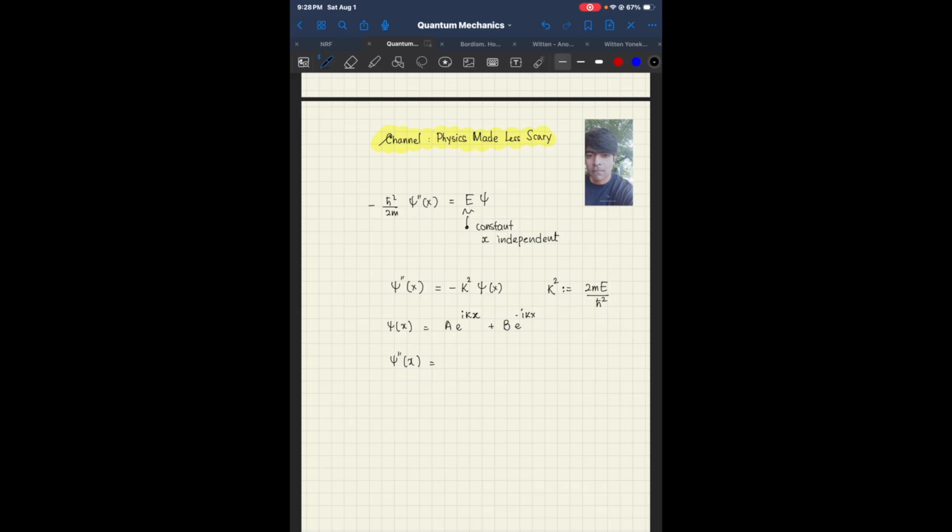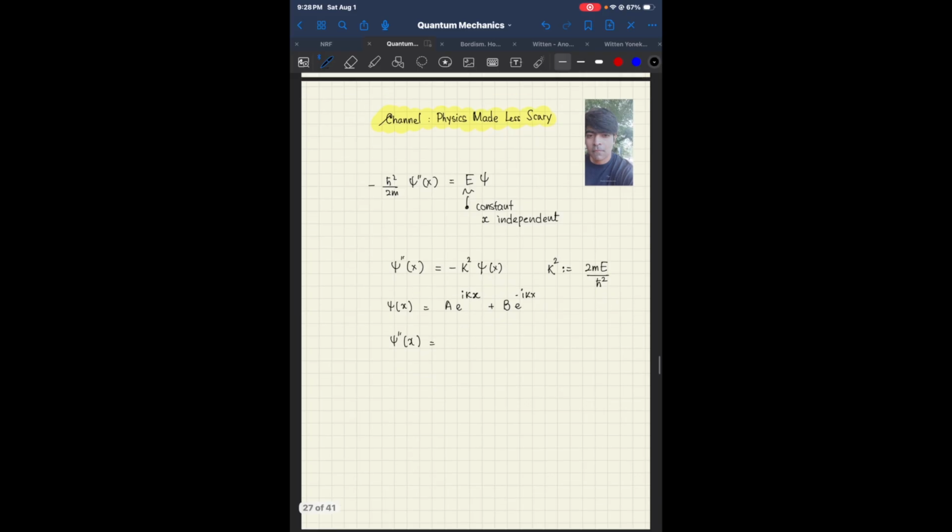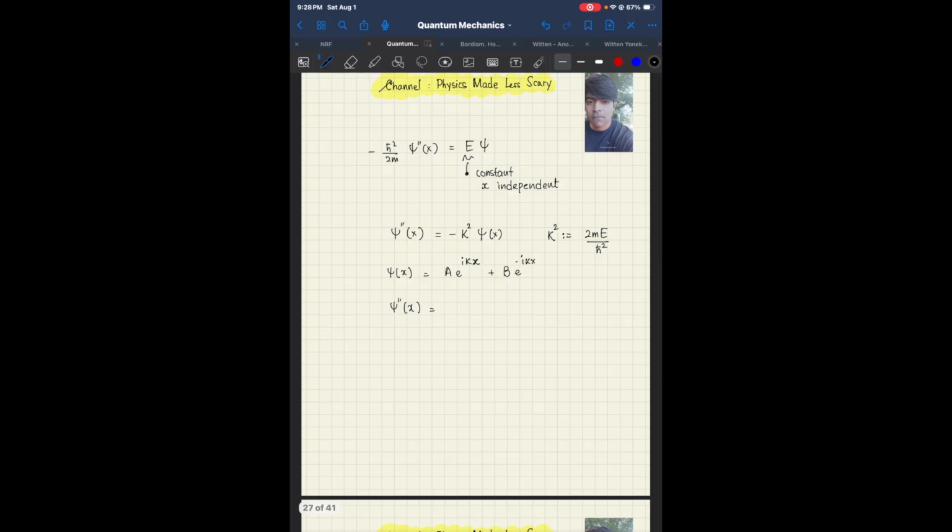Yeah, these are all consistent. So you see easily that this is your solution for this equation. Why? Because if you double derivate it with respect to x, you pick up an ik whole squared, which is basically minus k squared. So you get this equation.